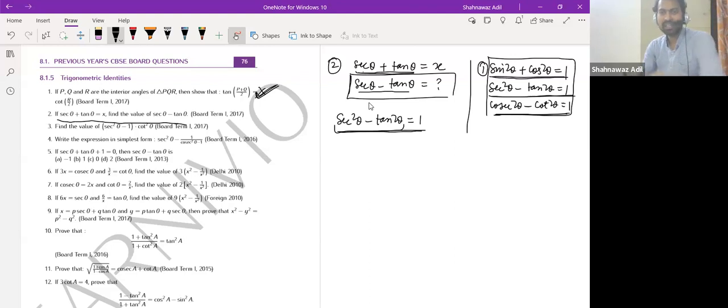Okay, so guys, what is the question? We are given sec theta plus tan theta is equal to x, and we have to figure out what is sec theta minus tan theta, right? And the preliminary idea that we have is sec square theta minus tan square theta is 1. So using this, how can we get this one and this one? Yes, we'll have to write it as roots.